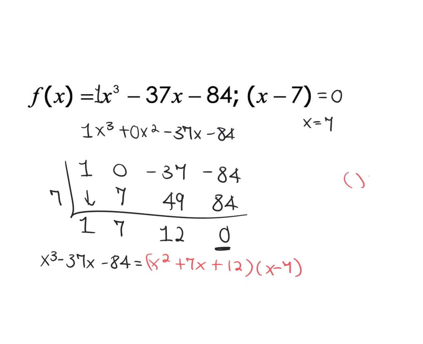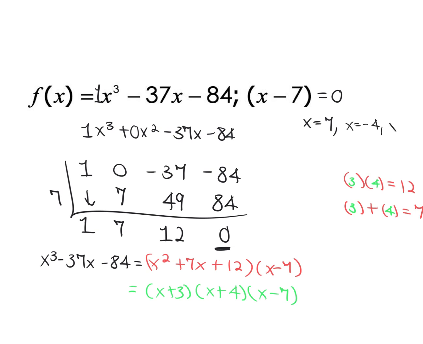We want two numbers that multiply to 12 and add to 7. So that's going to be 3 and 4. So we can rewrite this as x plus 3 times x plus 4 times x minus 7. So our zeros are x equals 7, x equals negative 4, x equals negative 3.